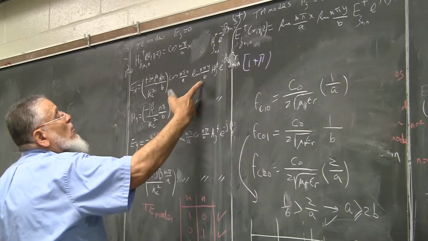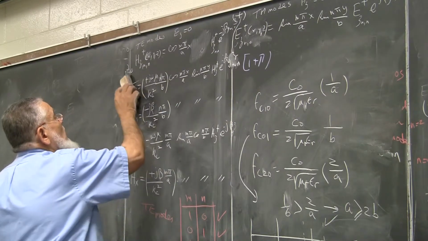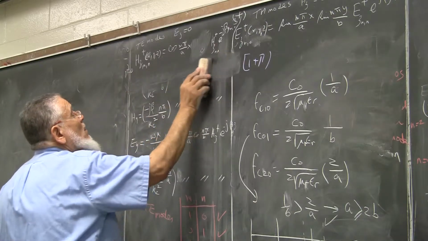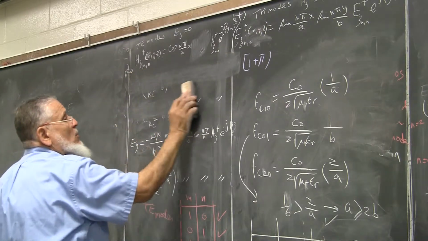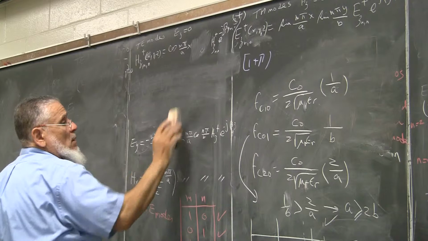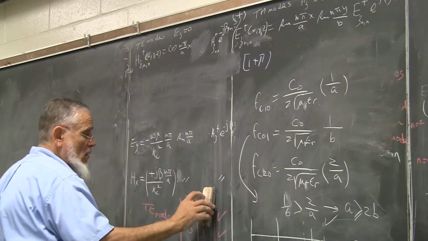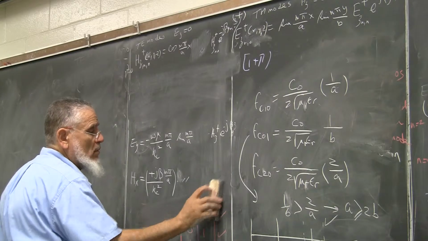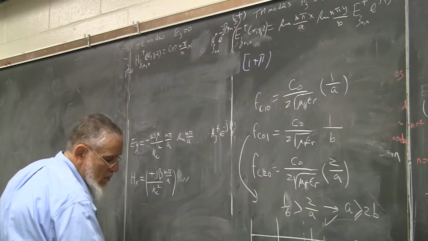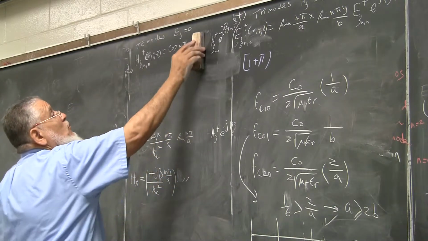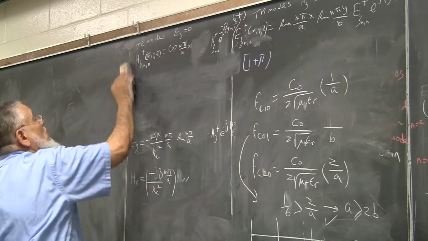Sine of 0 is 0, so I'm going to erase that. And that's the same thing. And cosine of 0 is 1. And that's what I have. That's our expression for the TE10 mode.